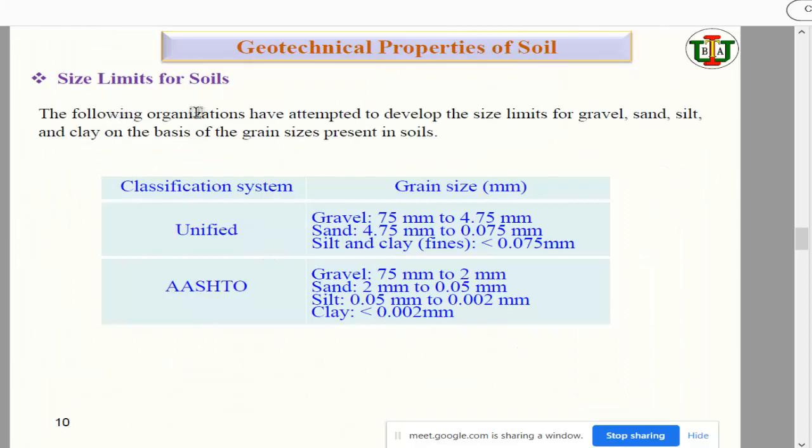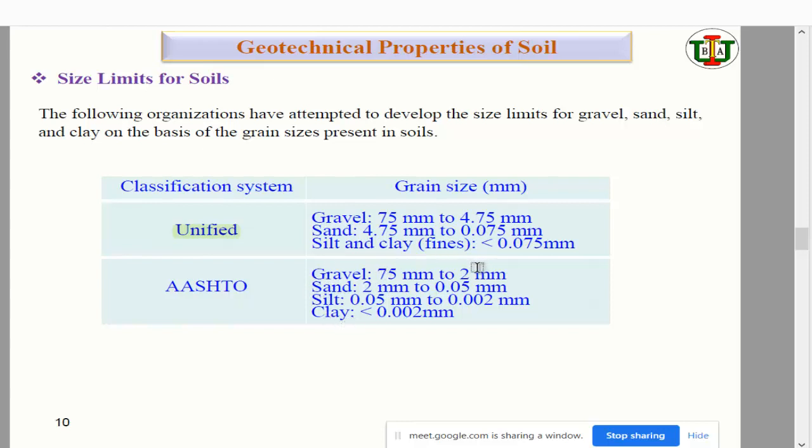Okay, so these are the size limitations, actually how we consider gravel, sand, silt or clay. Here we can see the unified standard considers three categories: gravel, sand, and silt and clay in the same category, and ASTM is based on American practice, so they categorize individually.